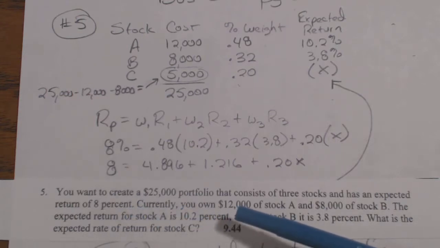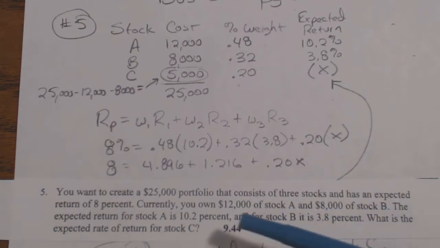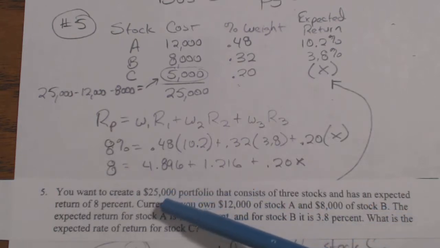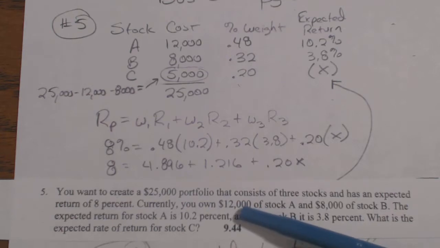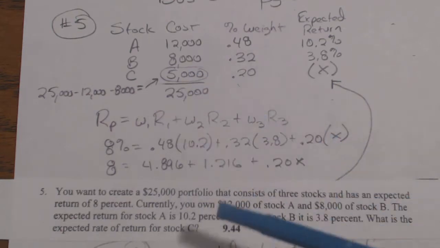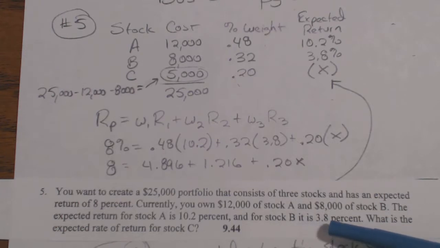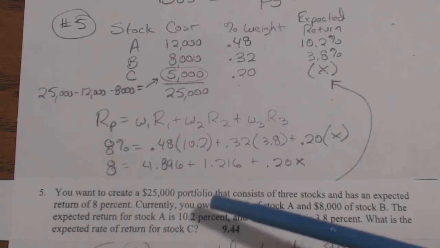Currently, you own $12,000 of stock A, $8,000 of stock B. So if your total portfolio is going to be $25,000 and $12,000 of stock A and $8,000 stock B, then $5,000 will be stock C, right? The expected return for A is 10.2% and for B is 3.8%. What is the expected return for C?